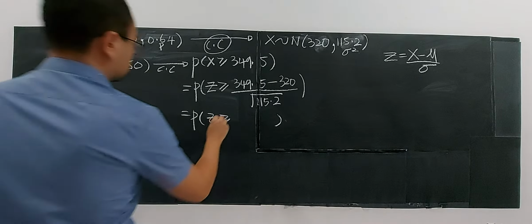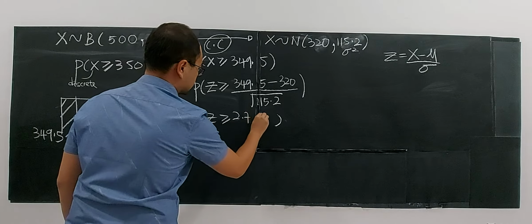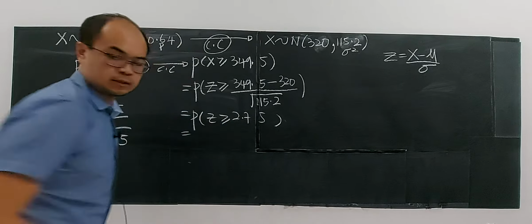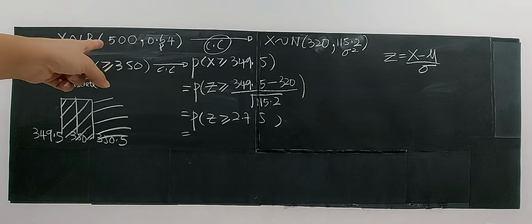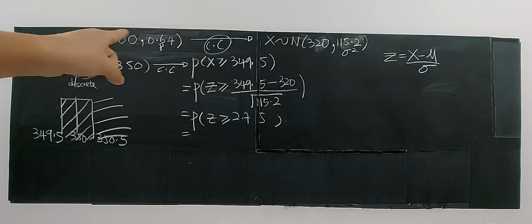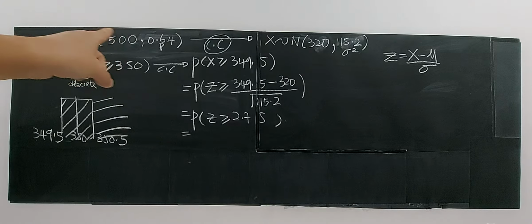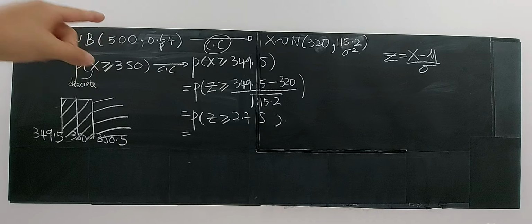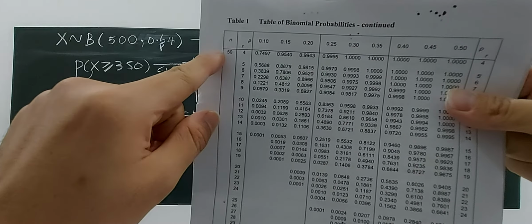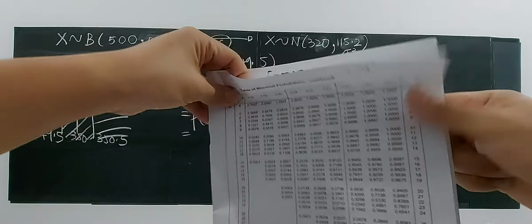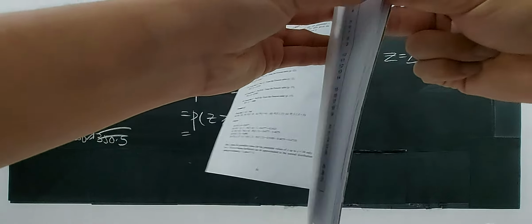For 2.75 from the statistical table, you cannot use the binomial table, because 500 is too big already. You cannot use table 1, the maximum value there is 50. That is why you need approximation, so that you can use the normal distribution.